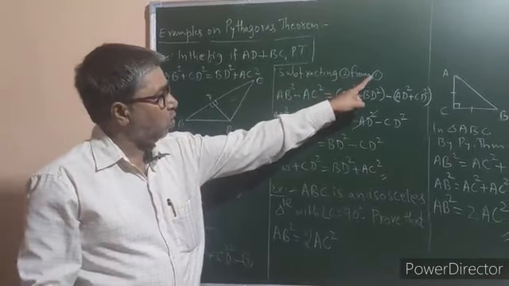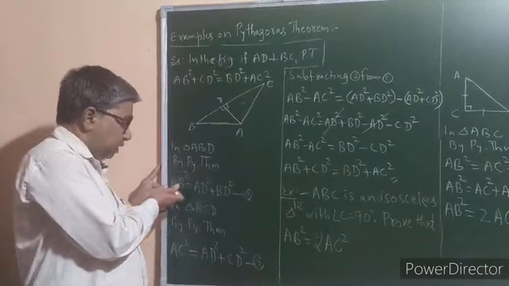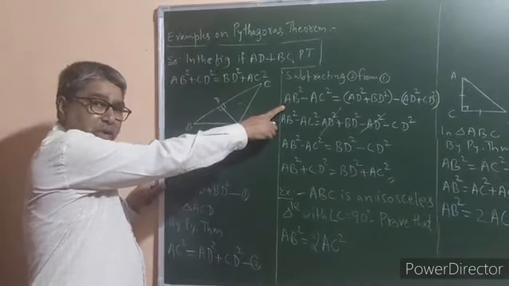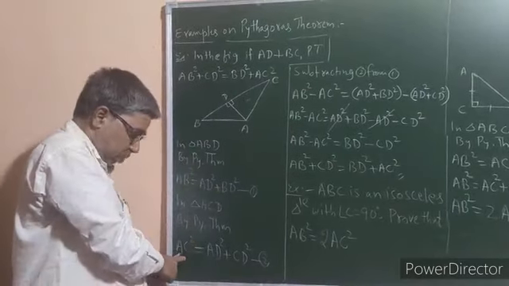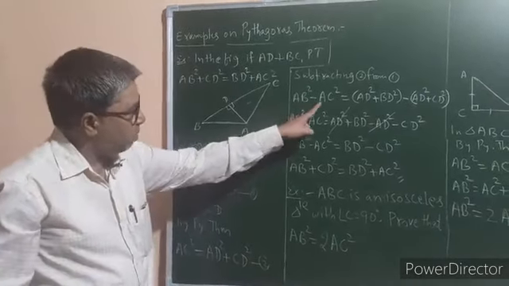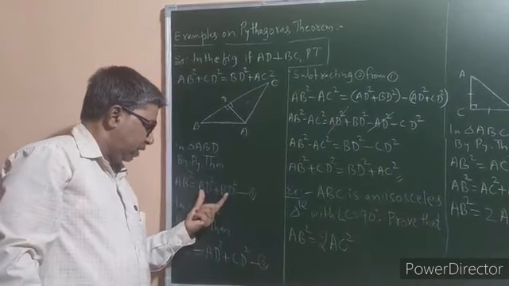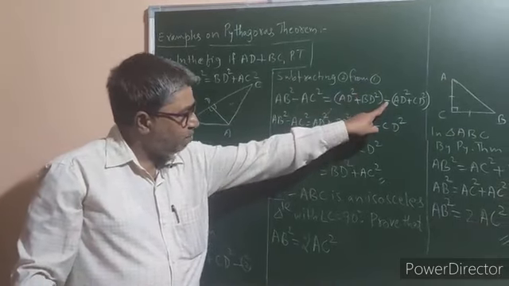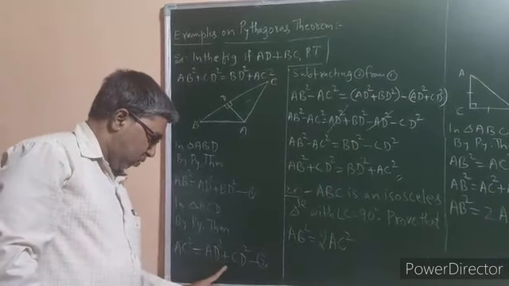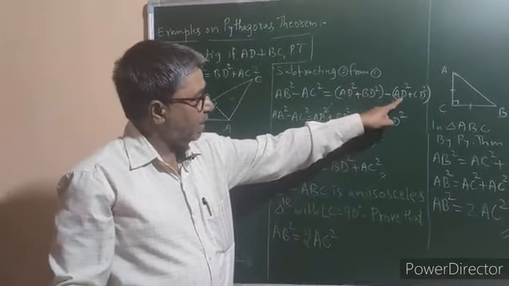Subtracting equation 2 from equation 1, we get the LHS of equation 1, AB square, minus, subtraction means minus, the LHS of equation 2, AC square, is equal to RHS of equation 1, AD square plus BD square, keep it in bracket, minus RHS of equation 2, AD square plus CD square, again keep it in bracket.